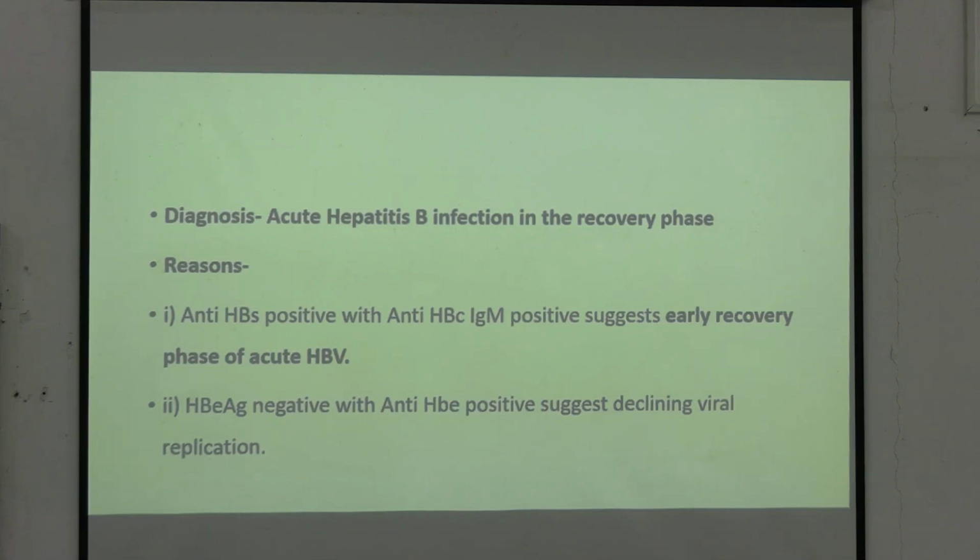Why is it a recovery phase? Because anti-HBs positive with anti-HBc IgM positive suggests early recovery phase of acute HBV. HBe antigen negative with anti-HBe positive suggests decline in viral replication.